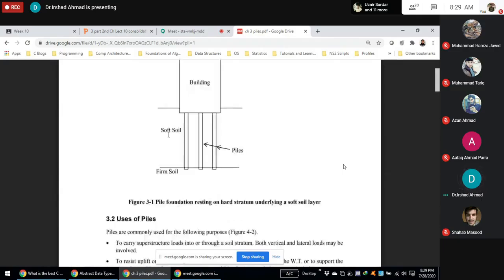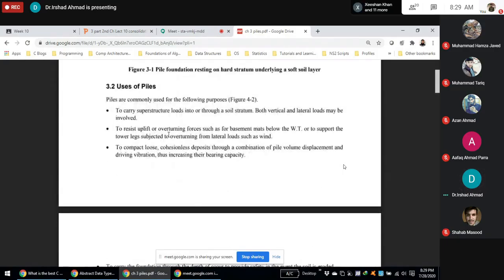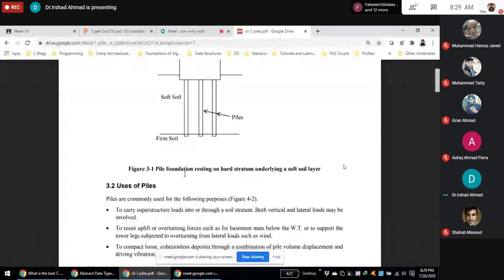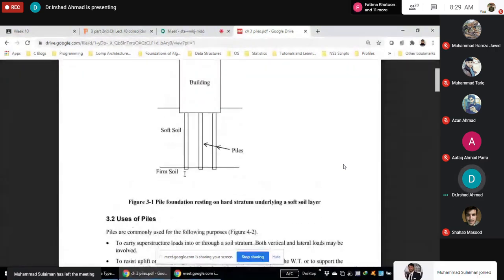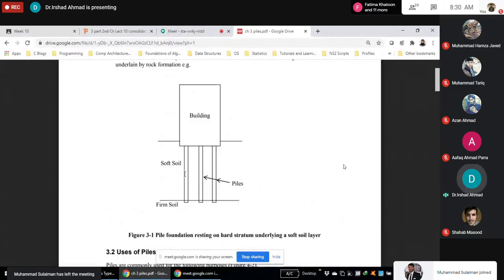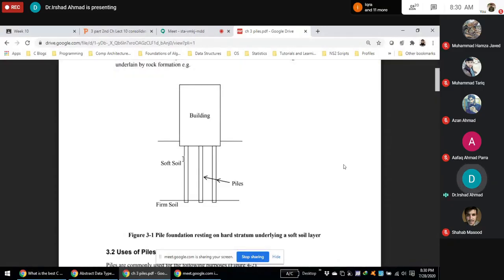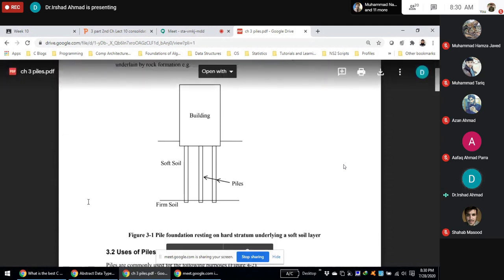Piles can take lateral loads, lateral wind loads as well, right? In addition, they could be used under the machine foundation where we can control the vibration, or they can be used where there are nalas, rivers, right?